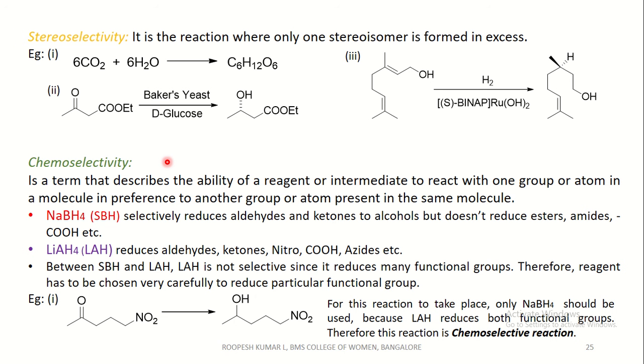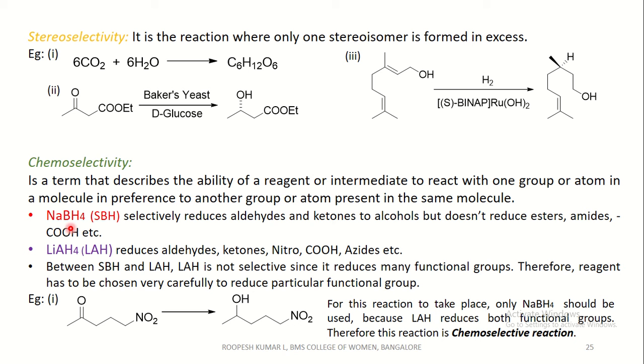Coming to chemoselectivity, chemoselectivity is a term that describes the ability of a reagent or intermediate to react with one group or atom in a molecule in preference to another group or atom present in the same molecule. That is, chemoselectivity means a reagent which specifically reacts at a specific atom.